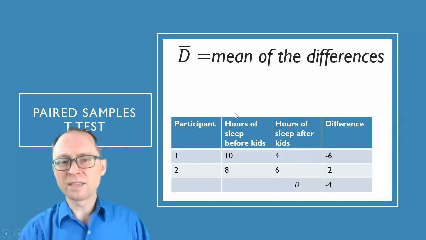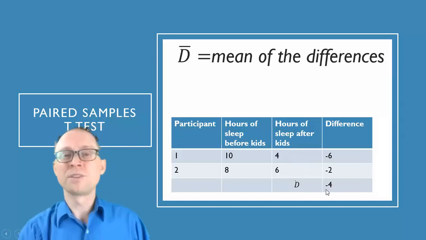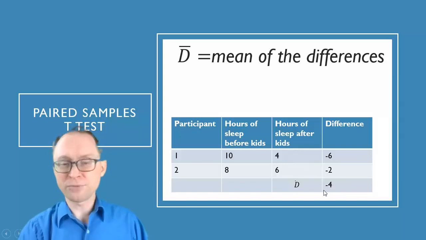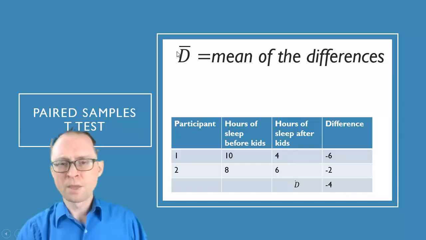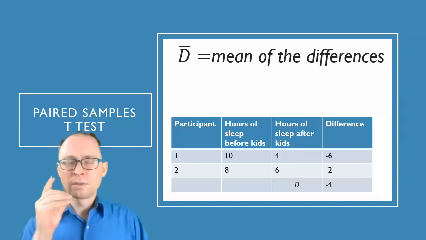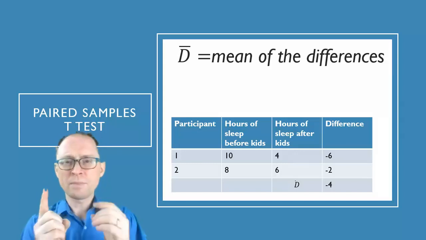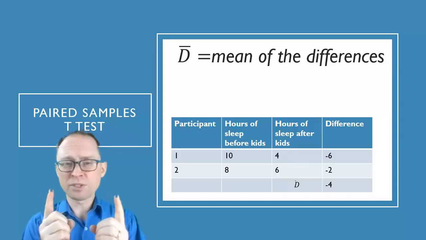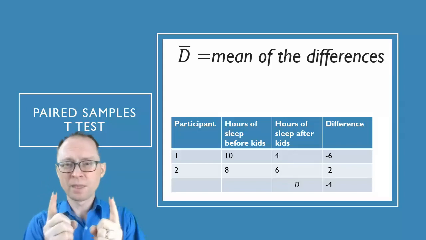So that is D bar. See this right here? D bar. The mean of the differences. This is important. The mean of the differences is D bar. Okay? So remember, in a paired sample t-test, we always have one measurement at one time, and then the same variable being measured in the same person a second time.